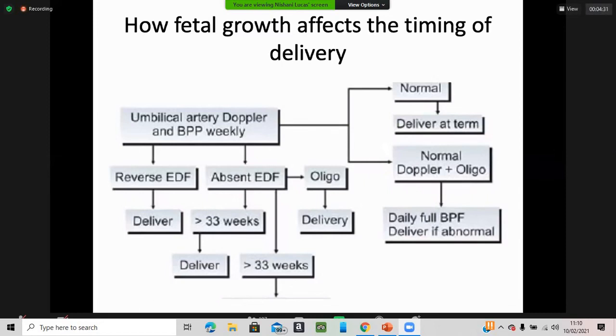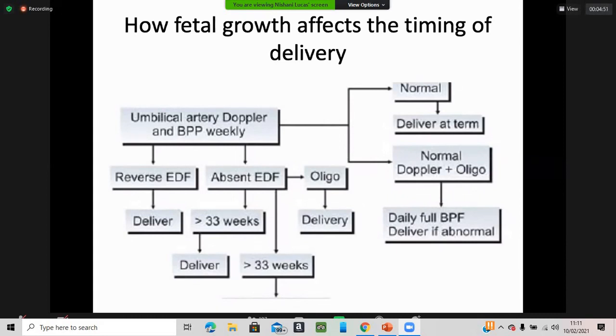Yes, if it's less than 33 weeks, there should be a discussion, because that means now there are two problems. One is the baby is getting growth restricted and the blood flows are getting worse. There's no end-diastolic blood flow, which means the baby is getting hypoxic, already hypoxic to a certain amount.